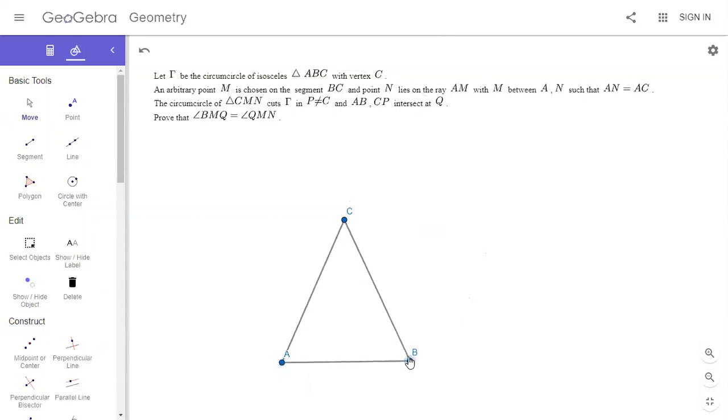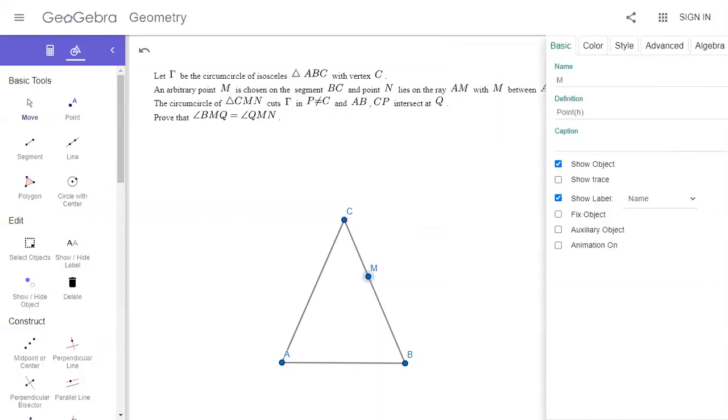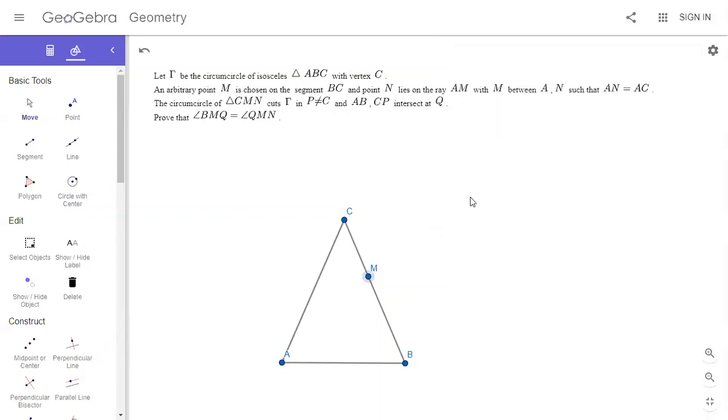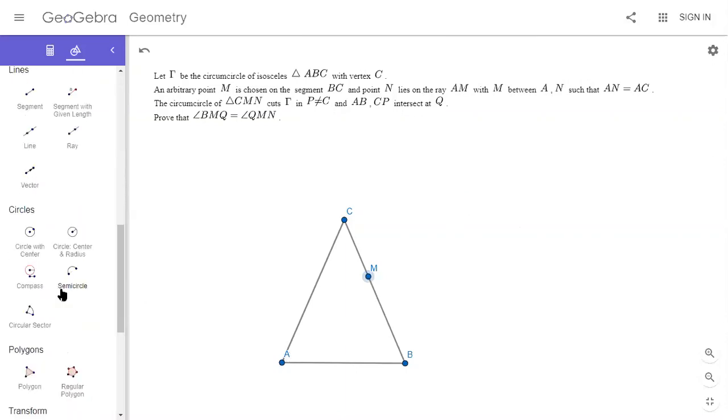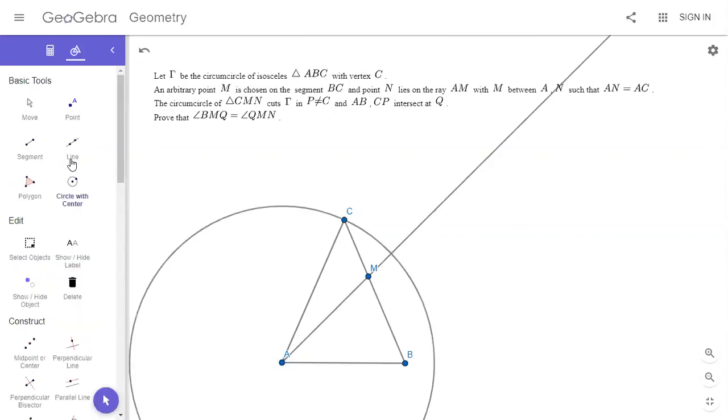An arbitrary point M is chosen on segment BC, and the point N lies on the ray AM, and AN is equal to AC. Okay, so I'm going to draw a ray. AN is equal to AC.